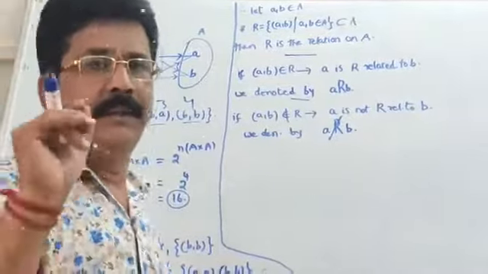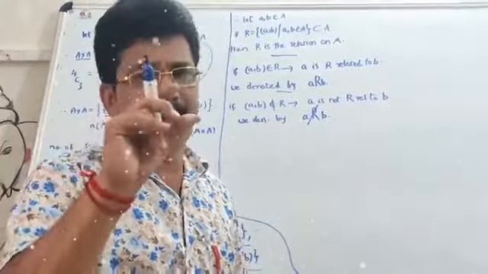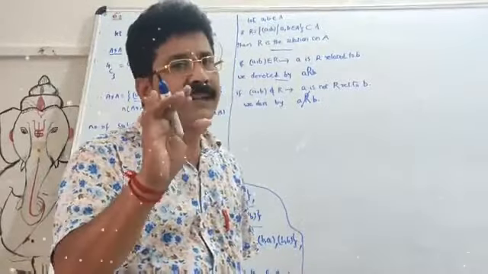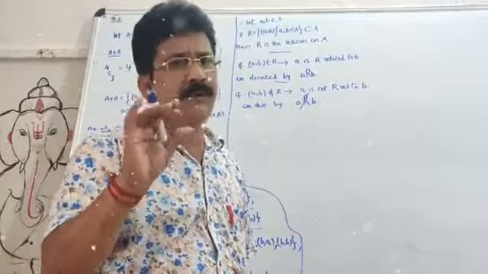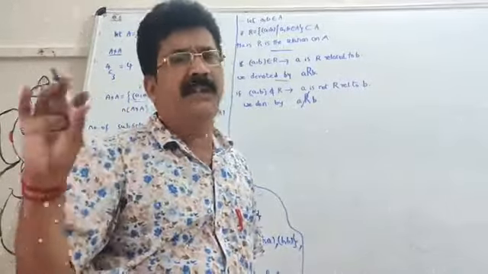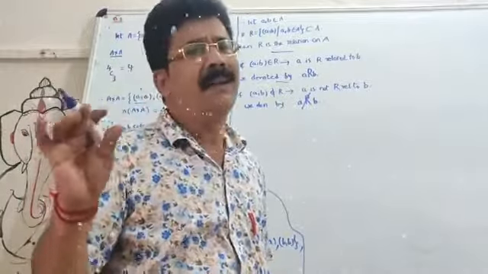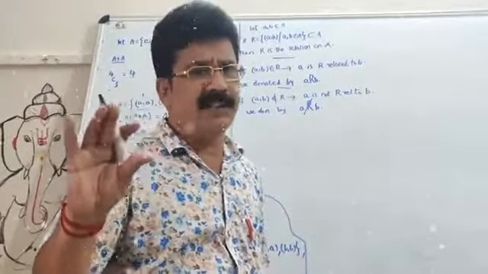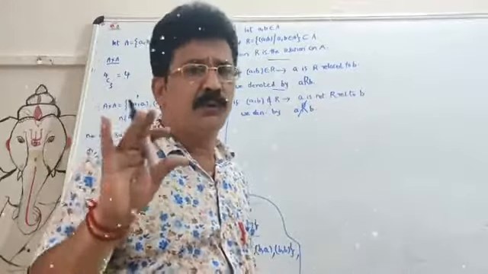So let capital A and capital B be any two non-empty sets, and if R is a subset of A cross B, the set of ordered pairs a comma b so that a is from A and b is from B, then R is one relation from capital A to capital B. This is the general definition for the relation defined on so and so set.